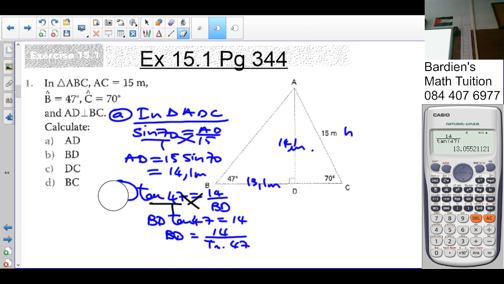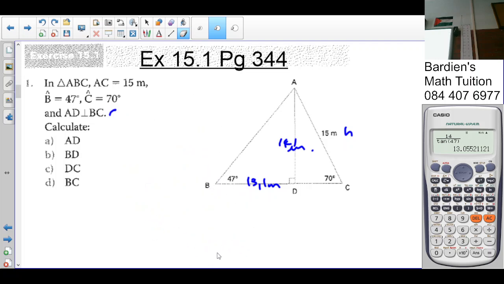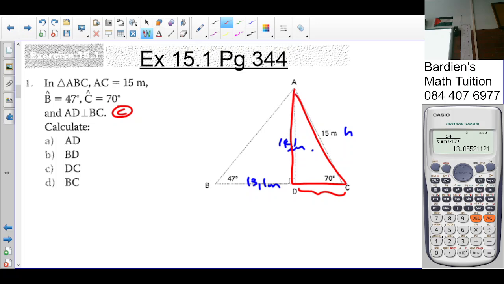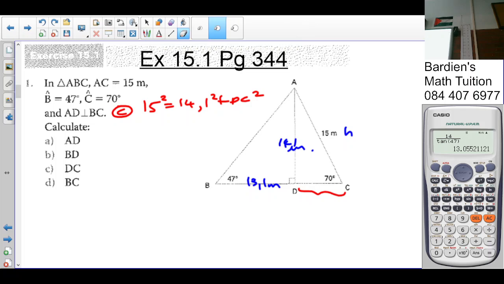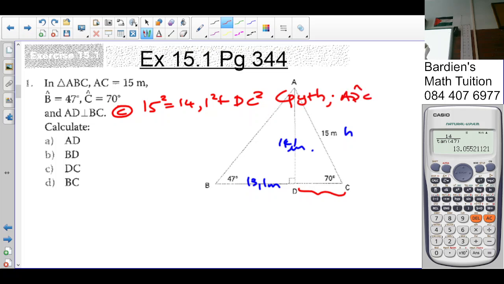Let me erase this because I need to keep the diagram in focus. C wants you to work out DC. How are you to work out DC? Pythagoras. So this is in this triangle. That would simply be 15 squared is equal to 14,1 squared plus DC squared. So Pythagorean theorem, with angle ADC equals 90 degrees.